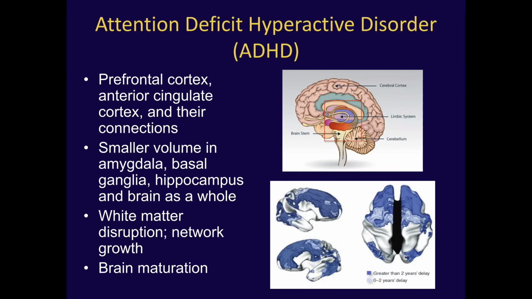Brain maturation is a similar idea as in autism spectrum disorder, but presents slightly differently. There have been studies showing that a number of children diagnosed with ADHD experience delayed brain maturation relative to their peers.